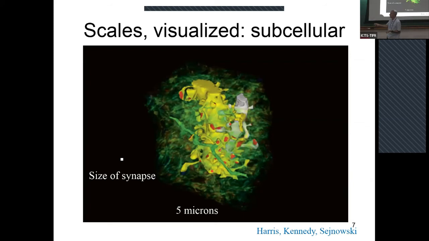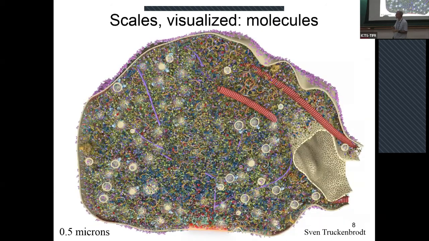But the connections are not simple, and this is one of my favorite illustrations of that. That is a presynaptic boot. It's just one side of the connection. It's 0.5 micron across. And all the lovely little twirls and blobs and dots you see are protein molecules.